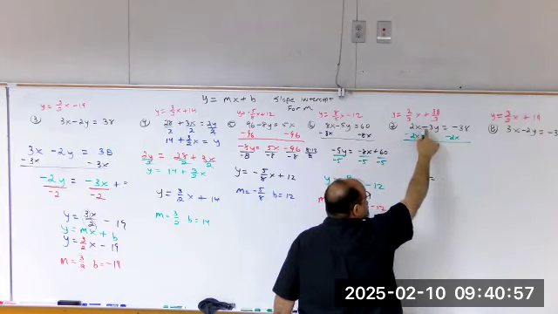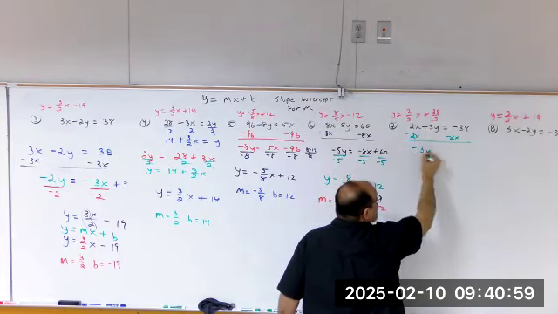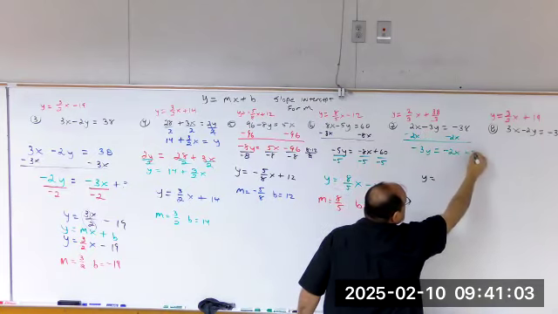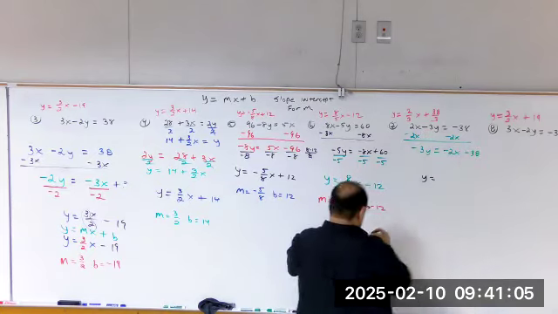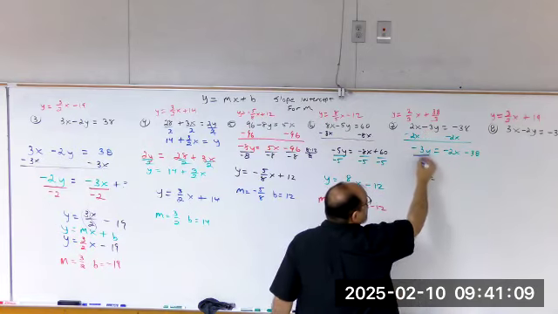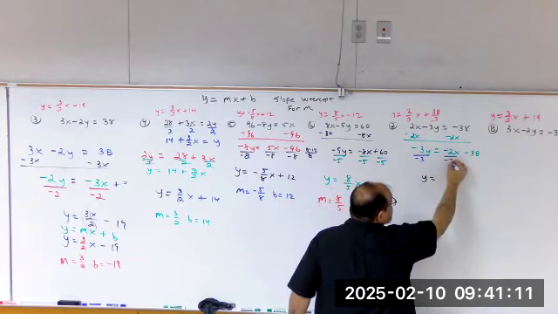Be careful with the negative. That's a negative 3y left on the left side. On the right side, it's a negative 2x and a minus 38. And then everybody gets divided by its own negative 3. Keep track of your signs.